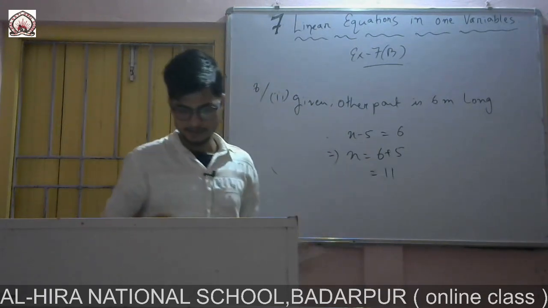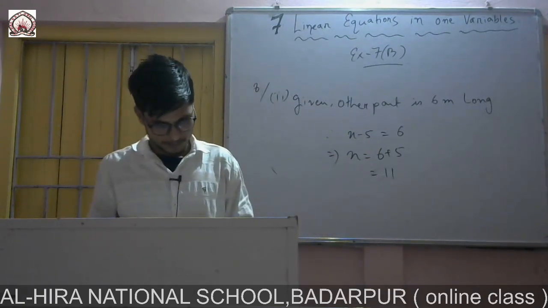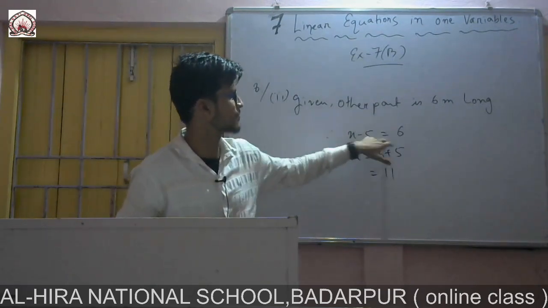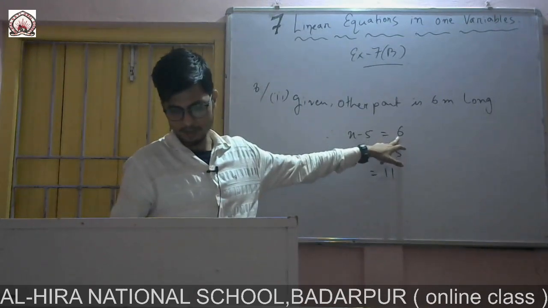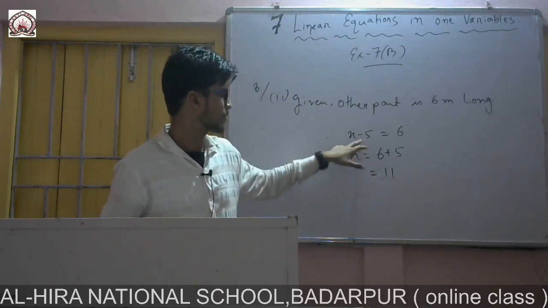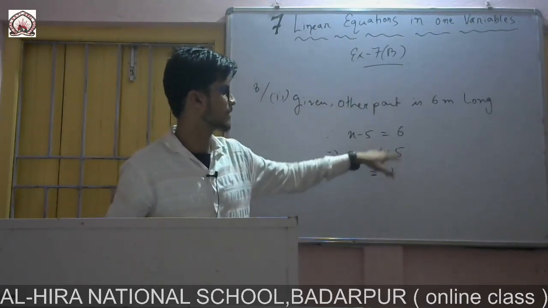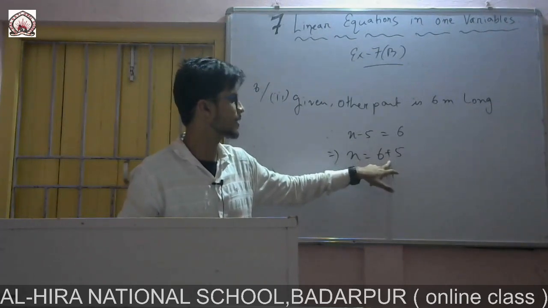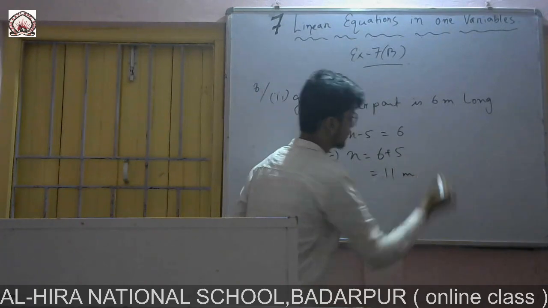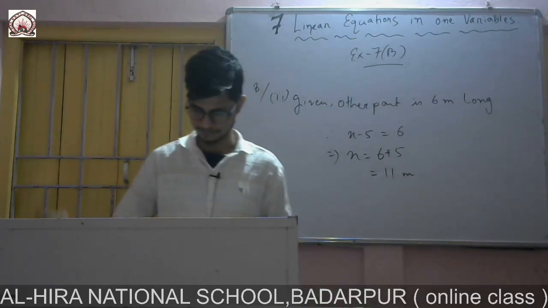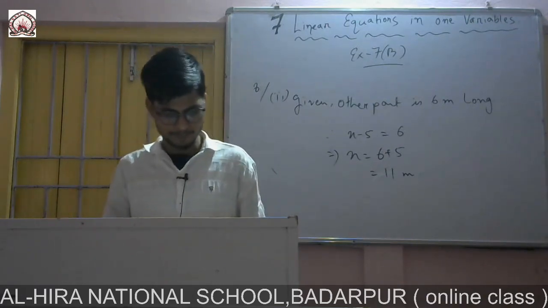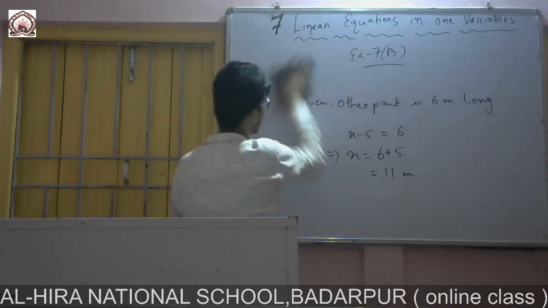So first of all I wrote the equation x minus 5 equals 6. Then you have to find the value of x. To find it I solve this: if I change the side, minus 5 becomes plus 5, 6 plus 5 is 11. That means the value of x is 11 meter. Okay, now question number 9 you see. Here I will only write the expression, you have to solve.